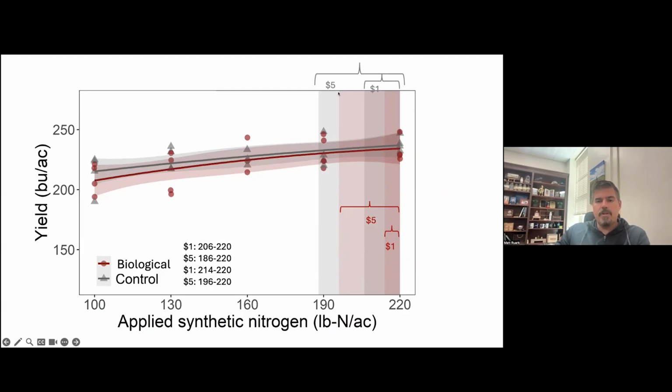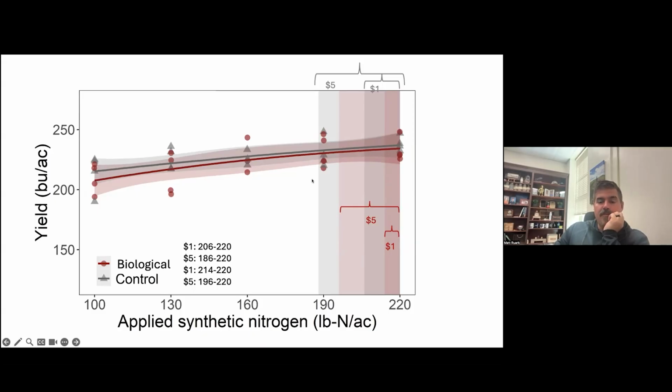Now we start to put these within dollar ranges or $5 ranges. So to manage within $1, you could drop down to anywhere between 214 to 206, so anywhere between 5 to 10 pounds less nitrogen, to still maximize profitability within $1 per acre.